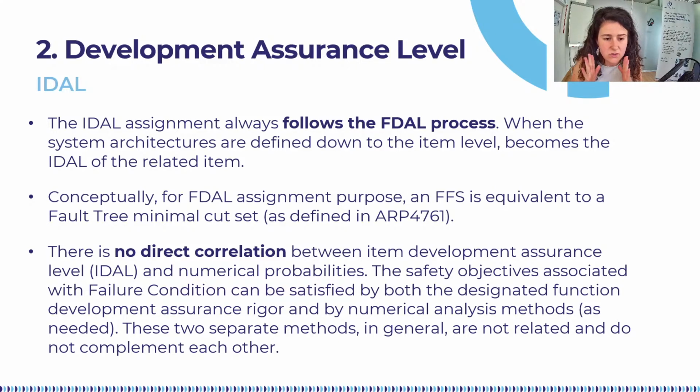So there is no direct correlation. You need to assign the qualitative requirements that are the IDALs and then the numerical requirements that are the target probability. So there are two different separate methods and they are not correlated.